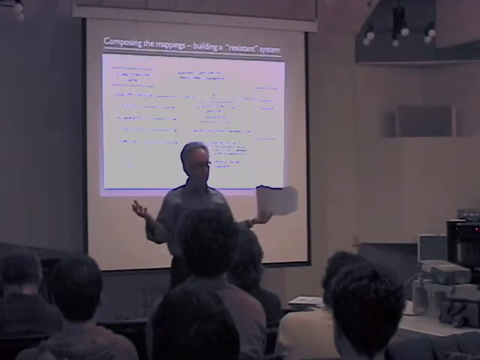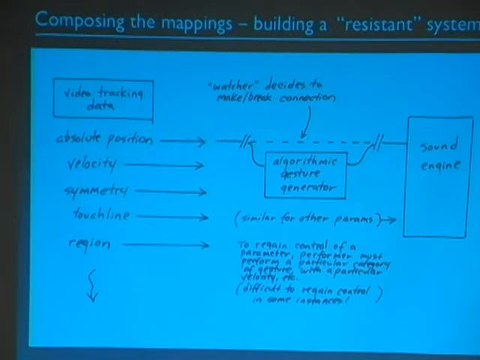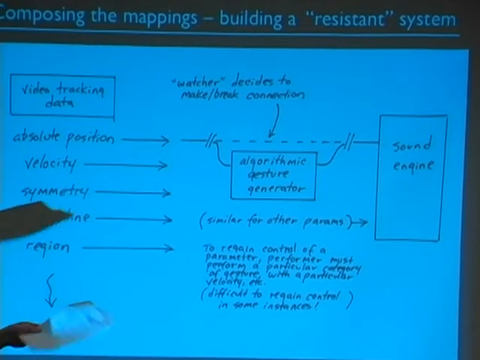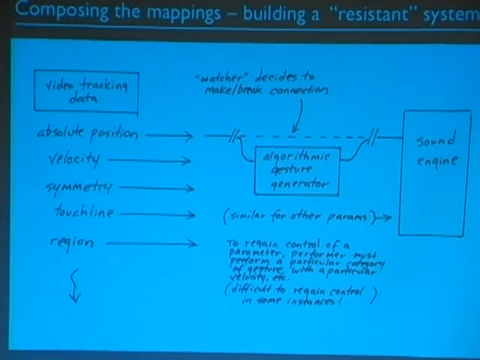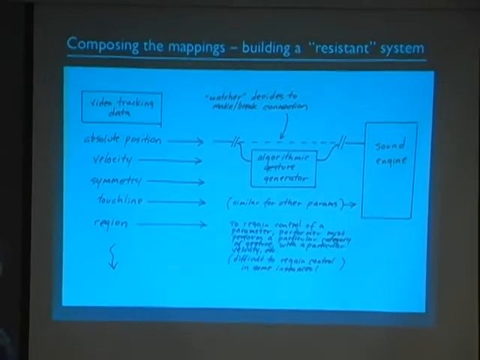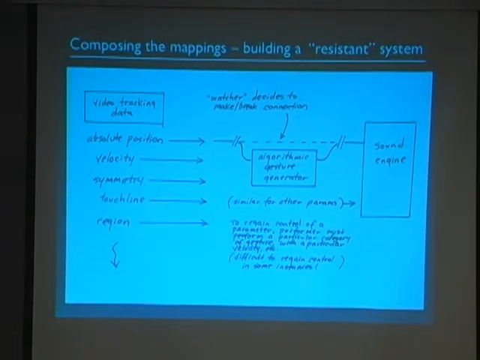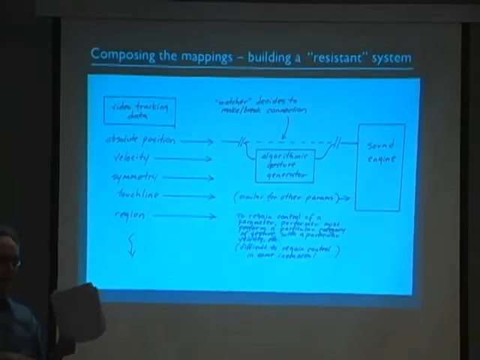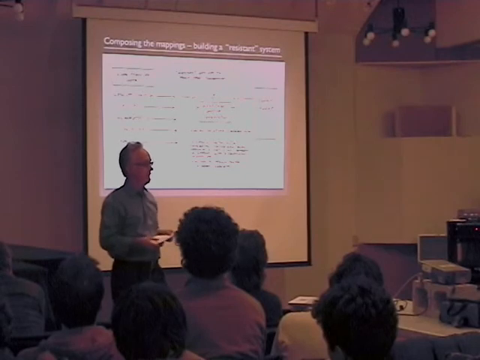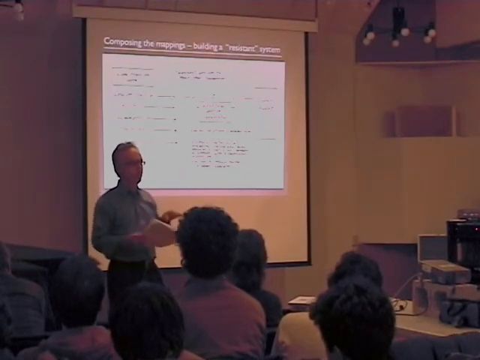If you think about the data coming from the video tracking over here, and then the sound engine on the right over there, and in between is the place where the mapping and connections are made. One of the things I started working with was this idea that the connections themselves are broken or remade, and that the mapping engine has an algorithmic quality to it where things are connected or disconnected, and this watcher is deciding whether to make or break these connections in the mapping.